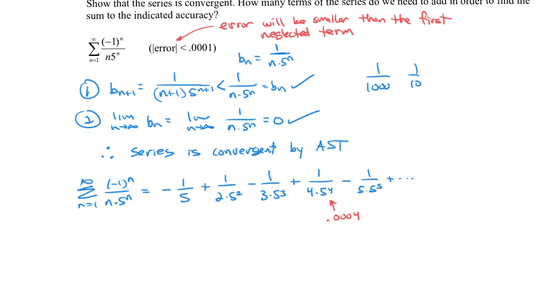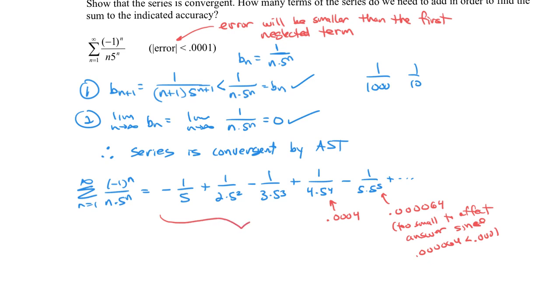If I punch this one into the calculator, what I get for this one is 0.000064. Okay, this one is too small to affect the answer since 0.000064 is less than 0.0001. Okay, so we don't need that one. So we should just need 4 terms.